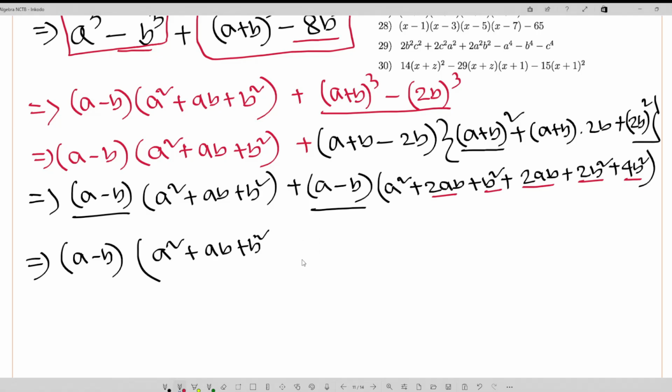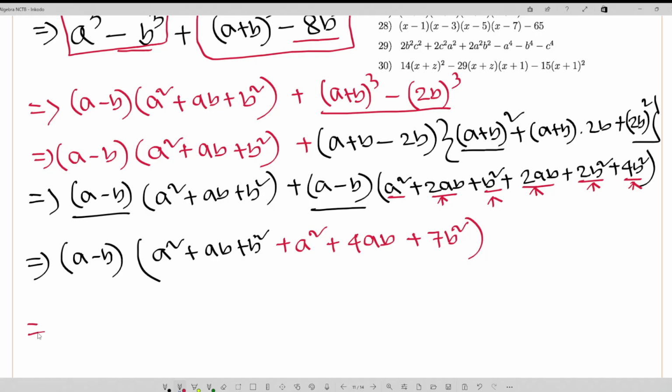So one by one we can write. First we can take a square, here is a square, then we can take 2ab, so this is 4ab, plus, and then this is b square, 2b square, 4b square, it means 7b square.